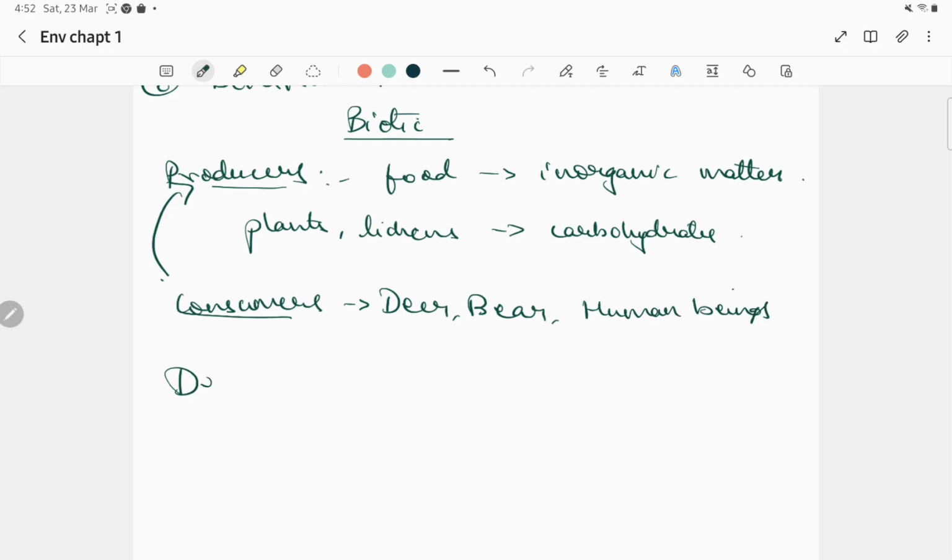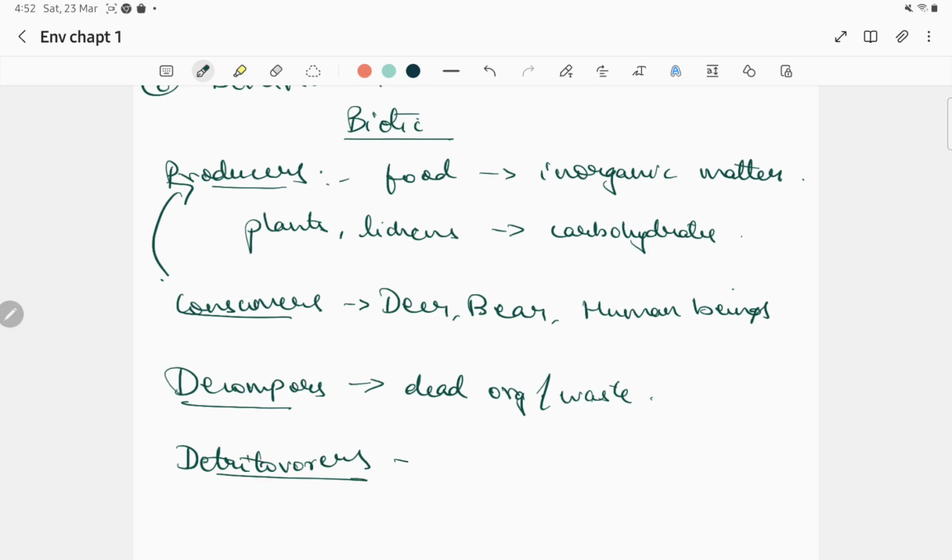Next we have decomposers. They mainly feed on dead organisms or waste. There are also detritivores. These are also like decomposers, but there is a difference between the two: the way they break down the organic material.